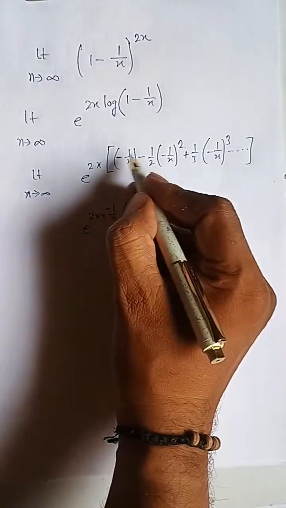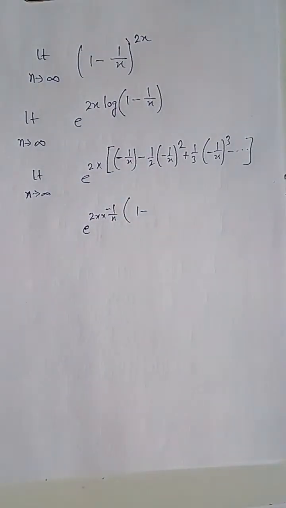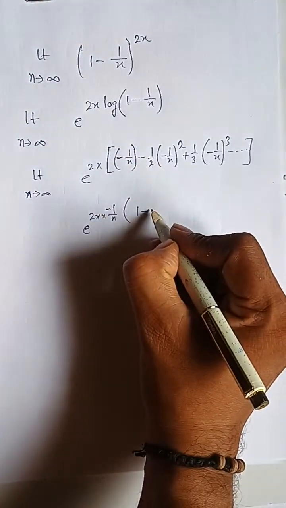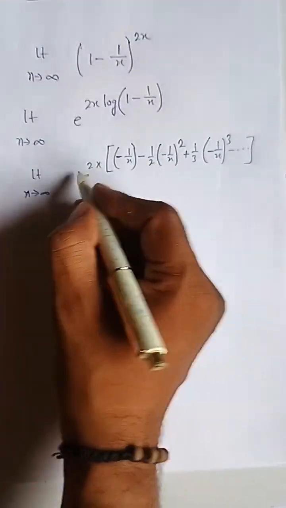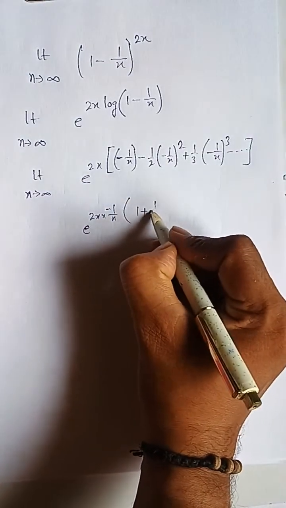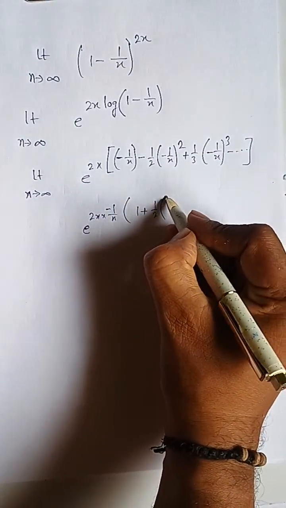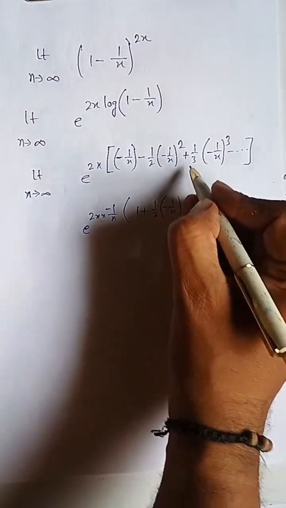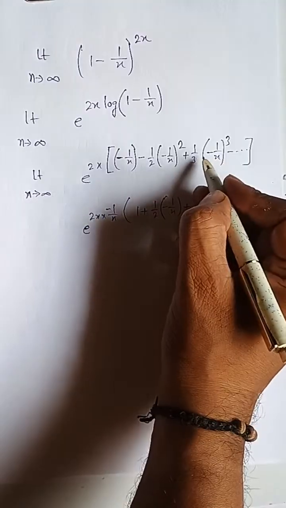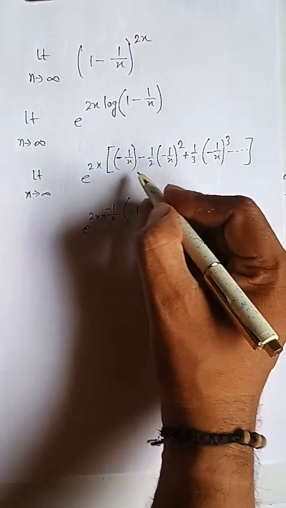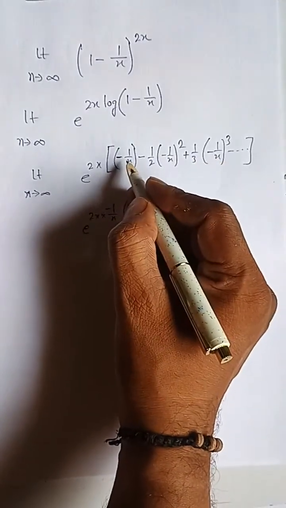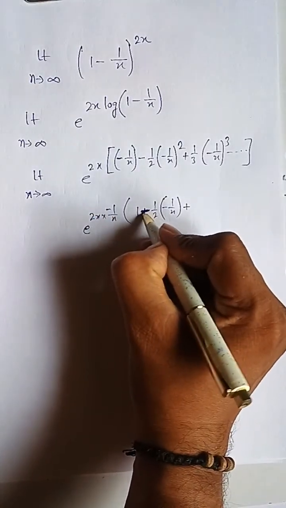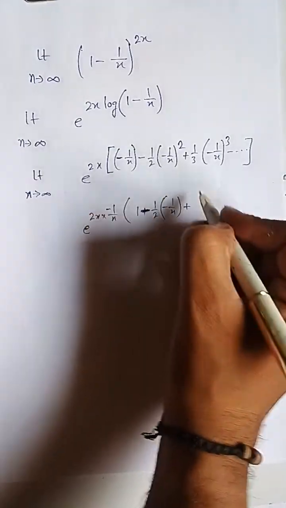1 minus, everything is gone, nothing remains here, 1 is there, so 1, and this minus is just taken out, so it is plus 1 by 2, and 1 by x is taken, so minus 1 by x. This is negative minus 1 by x I have taken here.